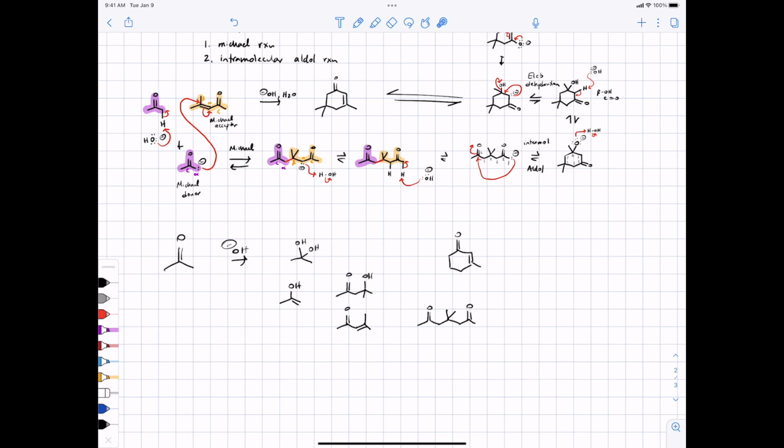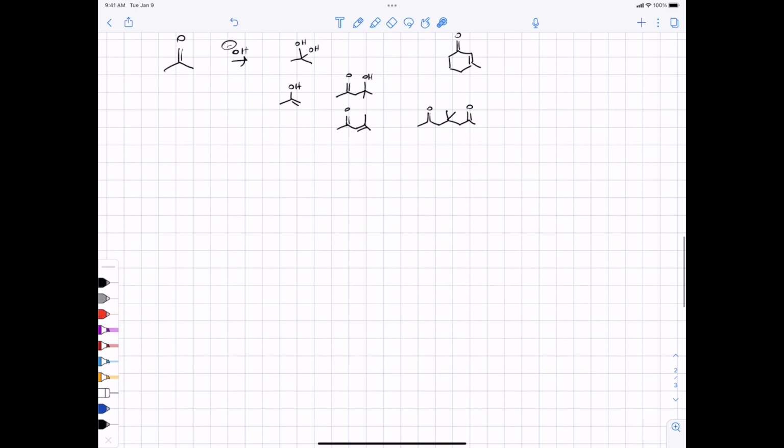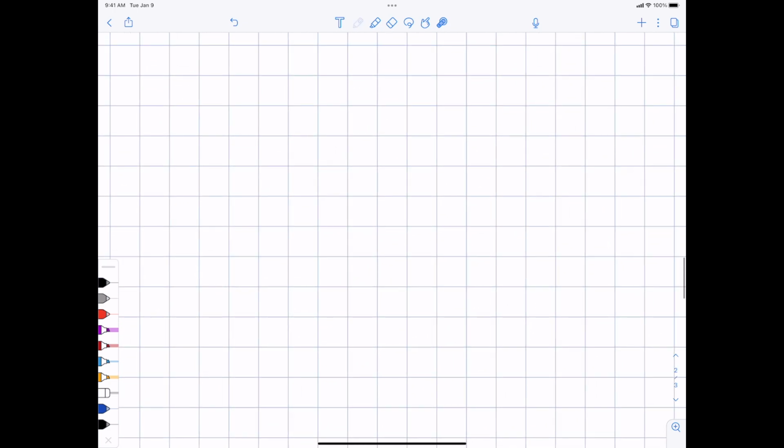All right. Other questions? All right, let's do one, yeah, here we go. Let's do sort of predict the products of a Robinson annulation.